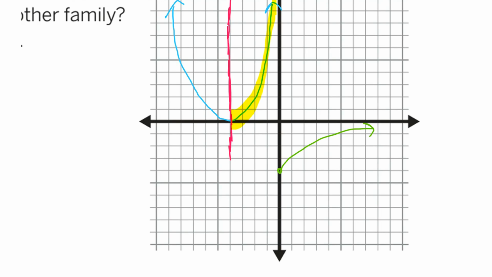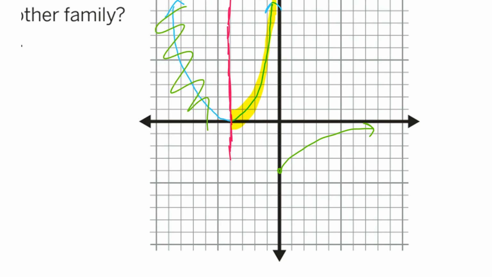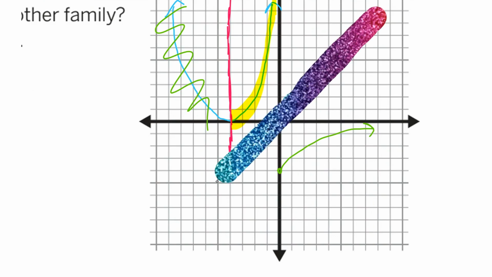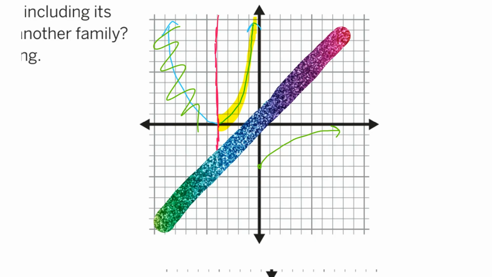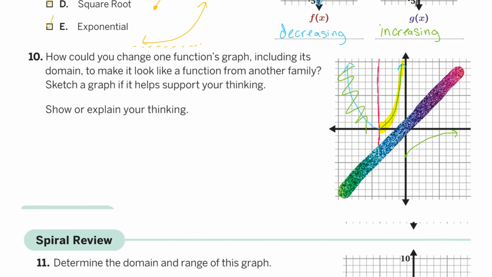We have to change the domain, meaning we're not looking at any of this side right here. We're really just looking at the highlighted piece. And you can see that we are flipping that over this line right here, this beautiful rainbow line. We're taking that blue arrow and then flipping it over to make that green arrow. So again, there's a couple different possibilities for the answer for number 10 here, but that would just be my choice in how to write that.